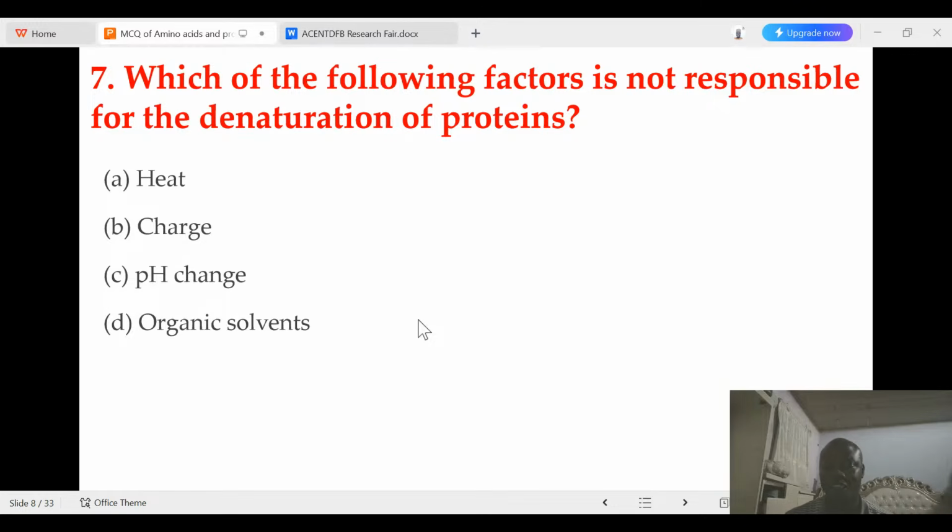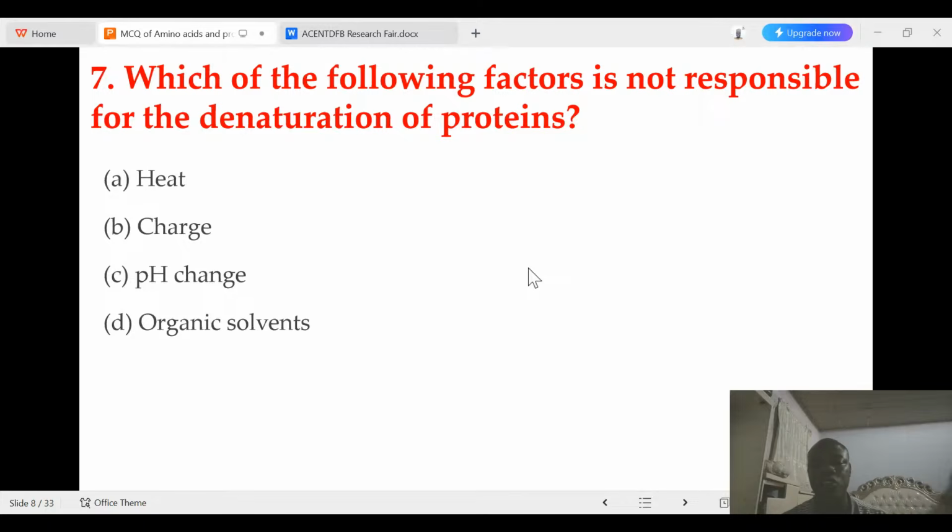It can be an enzyme. An enzyme or a protein can lose its function when it undergoes denaturation. So denaturation is a process where a protein loses its structure, which subsequently leads to the loss of function of the protein.